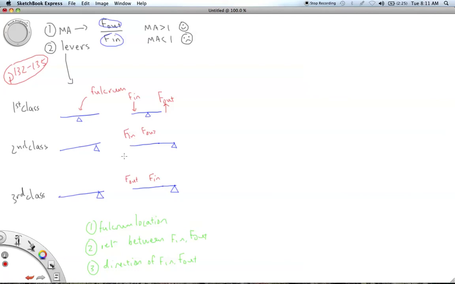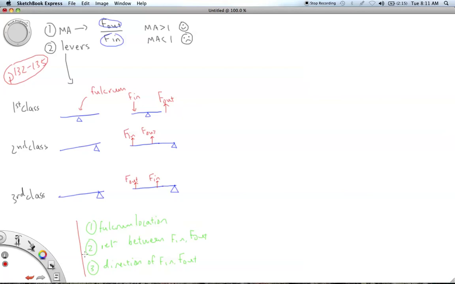For a second class lever, the input force and the output force both go in the same direction. And for third class levers, the output force and the input force also go in the same direction. Okay, so those are a few different ways. Those three down here are three different ways you can compare first, second, and third class levers.